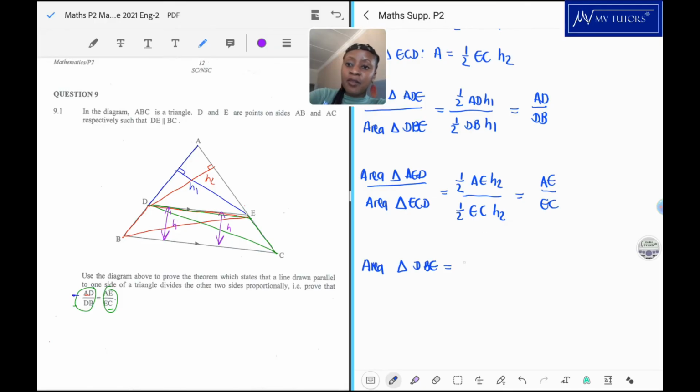So I will have half, the base is DE, and the height is H, because it's a perpendicular height.